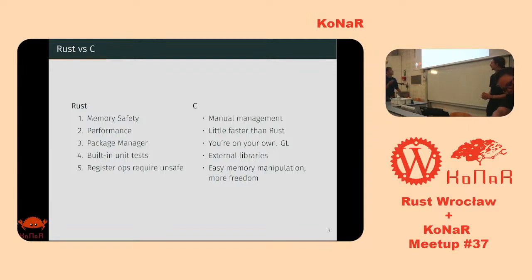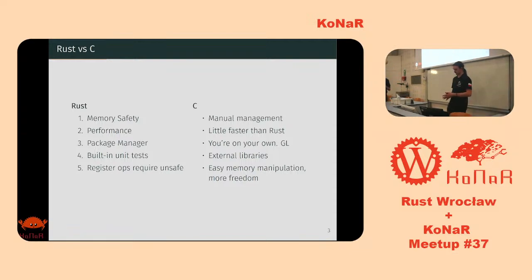The other reasons are that, for me at least, the most logical thing about using Rust was that it's memory safe, which is really important in embedded systems, as you work with hardware, which is also important in embedded programming. And register operations are inherently unsafe. So when you have to do this kind of memory manipulation, you put it in an unsafe block, and you know that, hey, you have to pay attention.